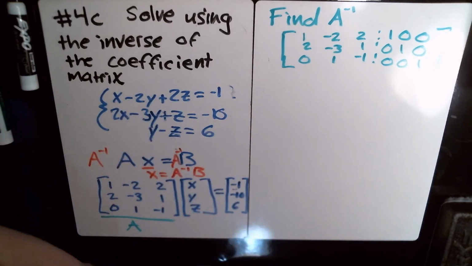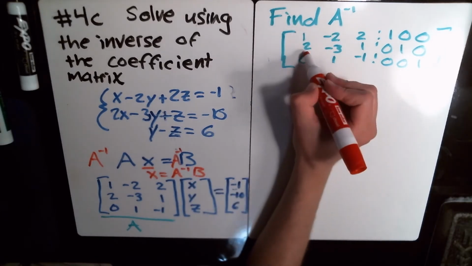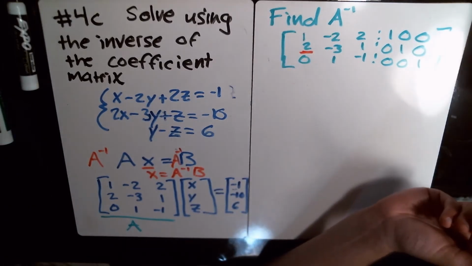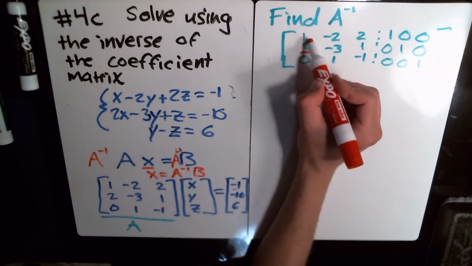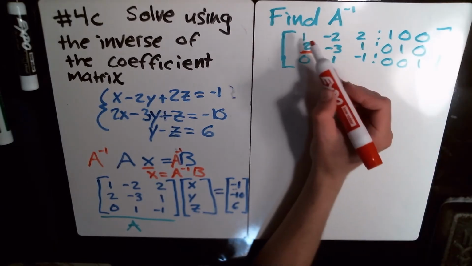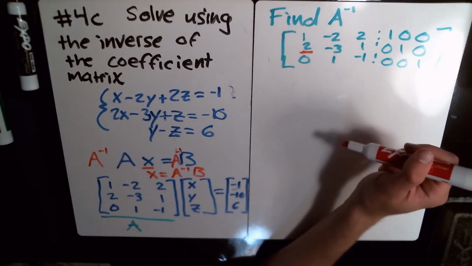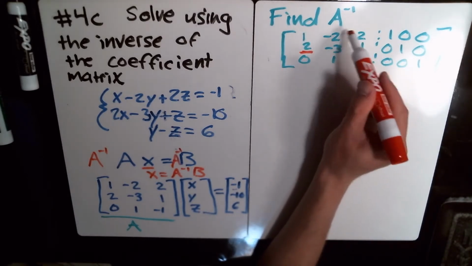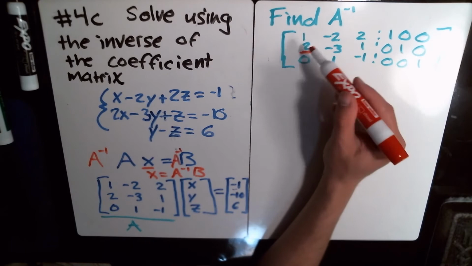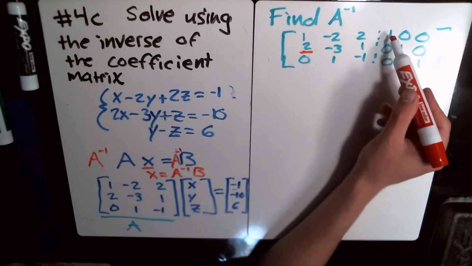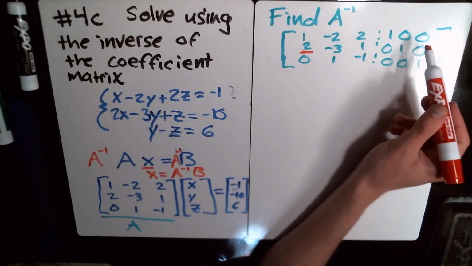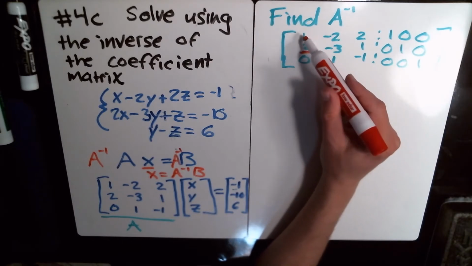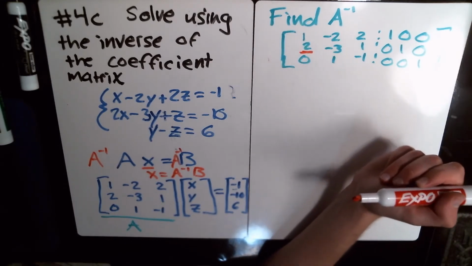So what I'm going to do is I first want to get this to be a 0, right? Because this is already a 1 up here in this corner. That's already good. You're going to do the same thing as you do for Gaussian elimination, just on this part of the matrix to get it to look like the identity matrix, but you will also do the same things to the rows that you do to this part of the matrix, okay?